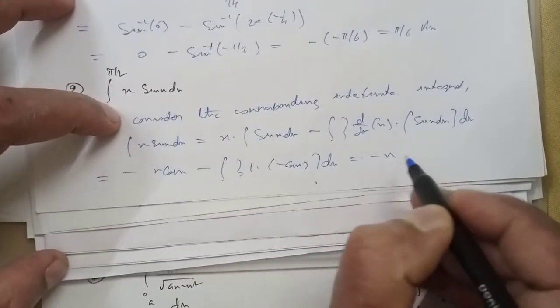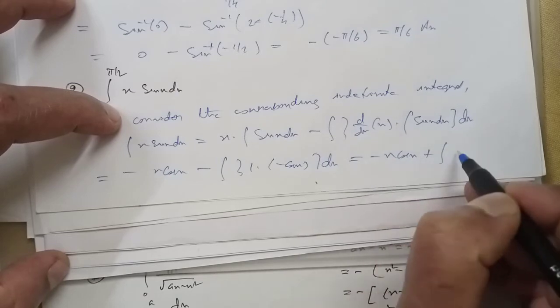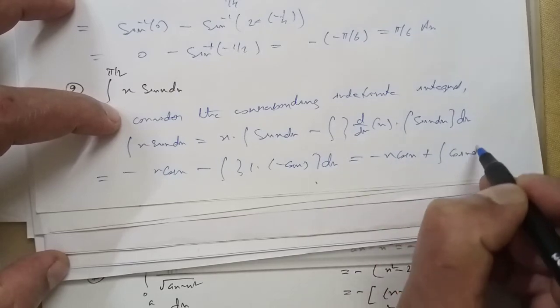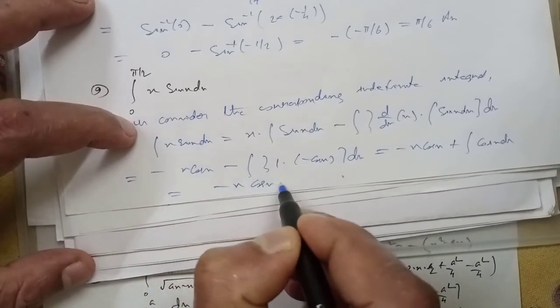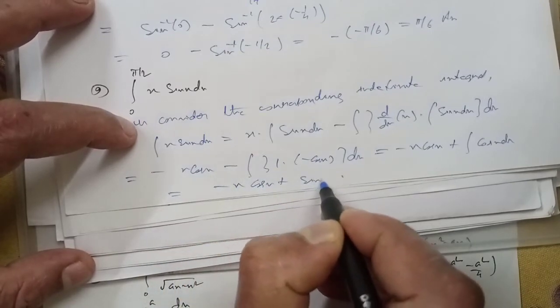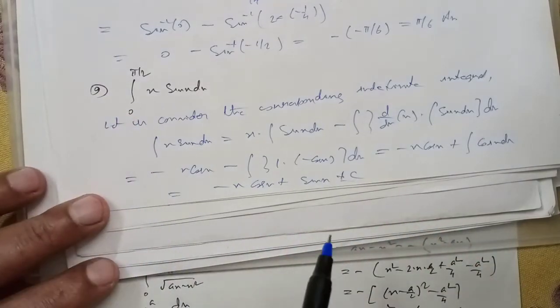So you get minus x cos x, this becomes plus integration cos x dx. So here ultimately you get minus x cos x plus sin x plus c. Here you have to write c because you have considered the indefinite integral here.